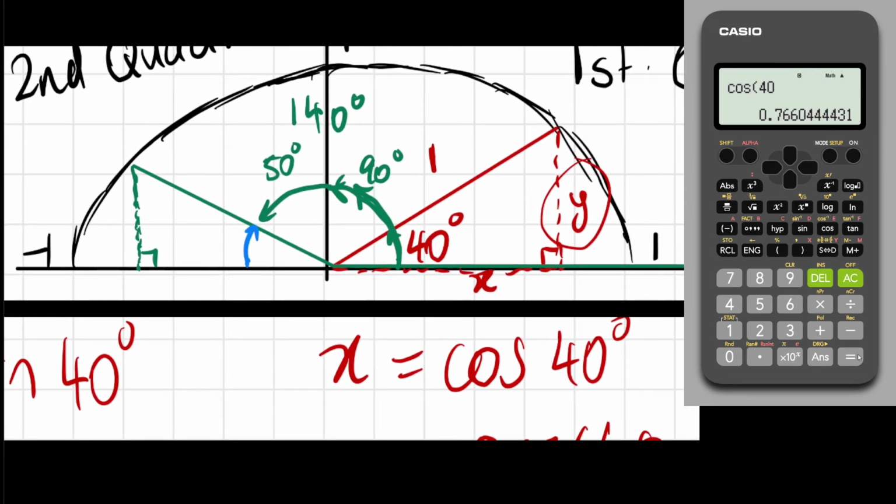I've got 90 degrees here, plus the 50 along here, which makes 140 in total. So what's left over? If I was going all the way around, I'd have to make 180. So 180 take away 140 should give me what's left over here. What's that equal to? Hopefully you saw it. It's 40 degrees.